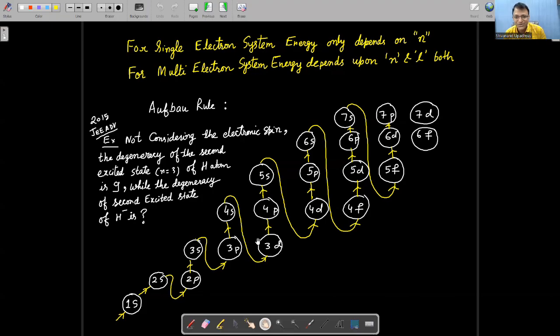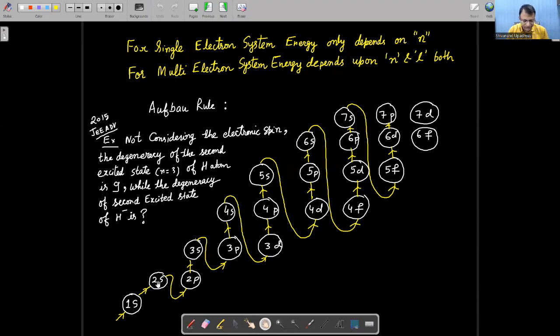But if the same question is asked about a multi-electron system like H minus, which has 2 electrons, it is not a single electron system, it is a multi-electron system. For a multi-electron system, we use the Aufbau rule for elements like helium, lithium. When we are filling the electrons in these atoms, we use the Aufbau n plus l rule. First we fill the electron in 1s, because the n plus l value for this is 1.